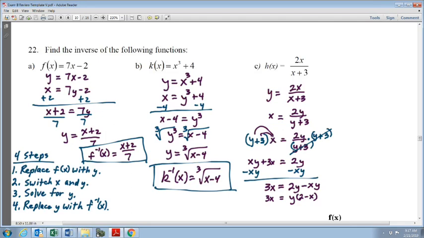So we just factored out a y. And so now we can divide each side by 2 minus x. And so the final answer is h inverse of x equals 3x over 2 minus x. Or you could factor out a negative and pull that out front and it would be negative 3x over x minus 2.